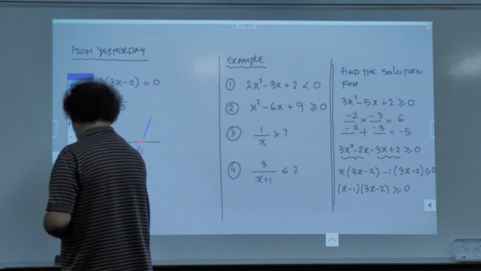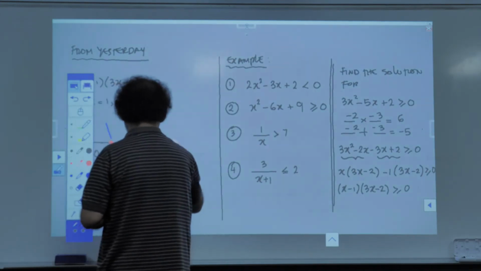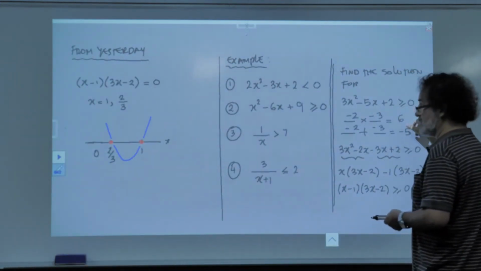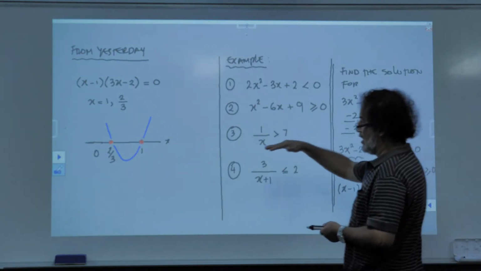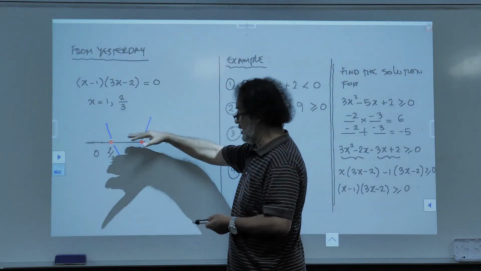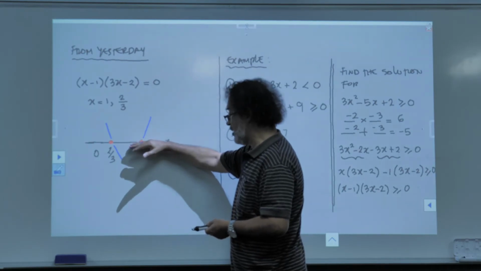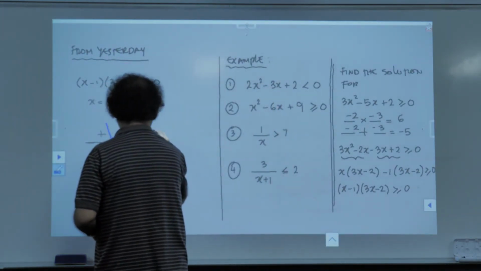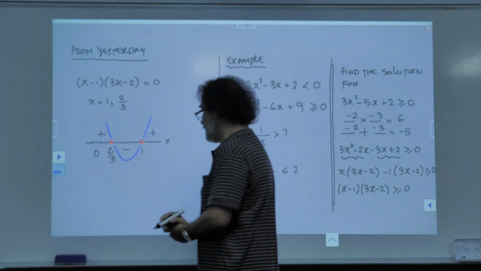So this is the x-axis, and we're talking about being greater than or equal to 0, so we need to look at what is positive. Okay, so we call this negative, we call that positive. So we're going to have positive here, positive here, and this is negative.